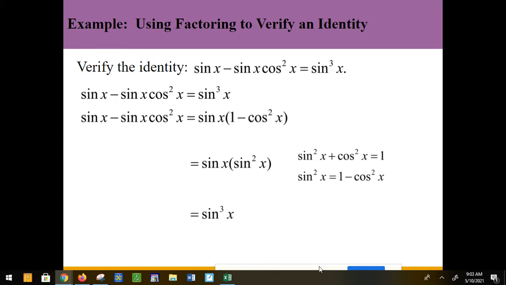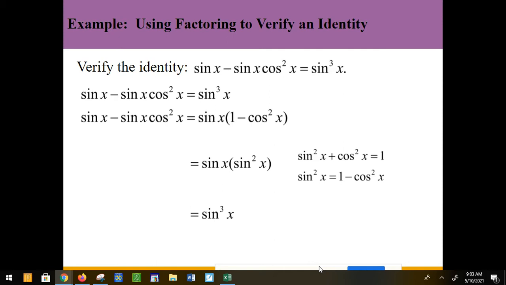So you take the more complicated side, in this case the left side, and manipulate it in a way that will make it look like sine cubed of x. The first thing we can do is say sine of x minus sine of x cosine squared of x is equal to sine of x times 1 minus cosine squared of x.